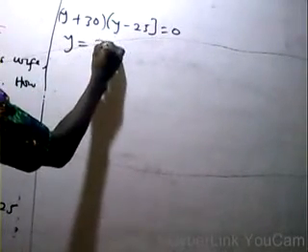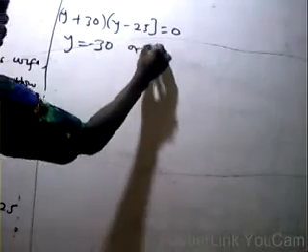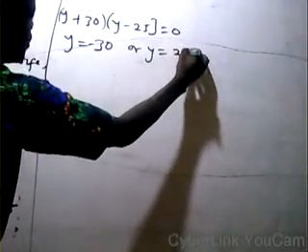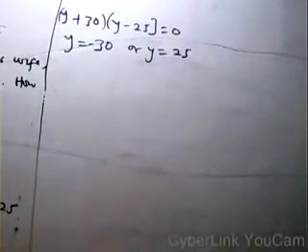So from there our y equals minus 30 or our y equals 25.